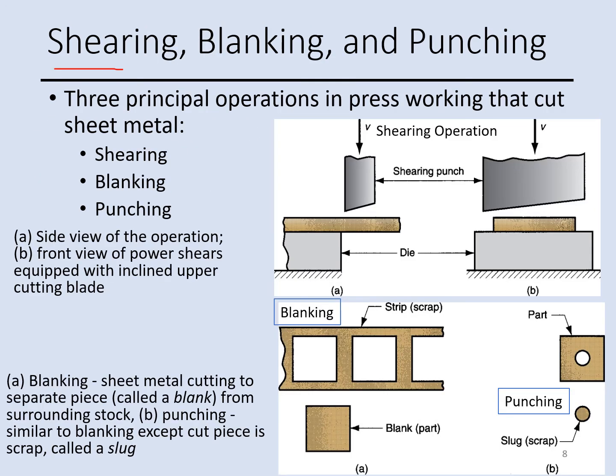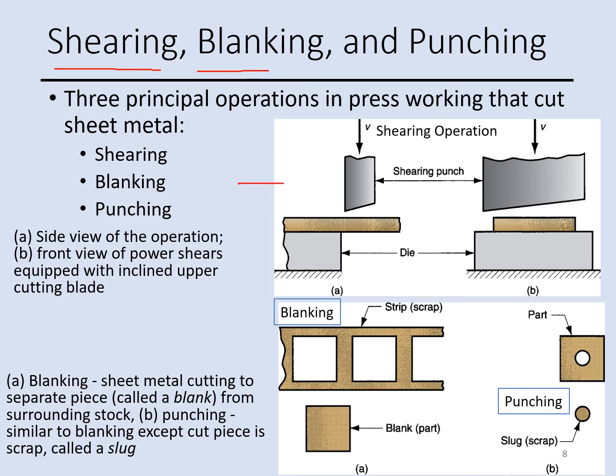These three processes, shearing, blanking, and punching operation, all of them can be performed in the stamping press machine, and they are similar, but there are some differences. For example, in the shearing operation, we use a cutter to cut the stock to size.